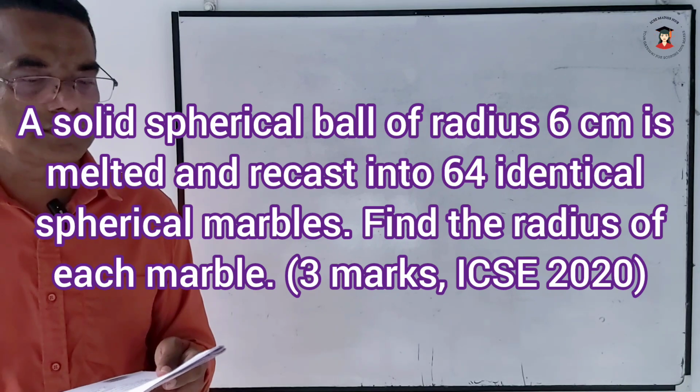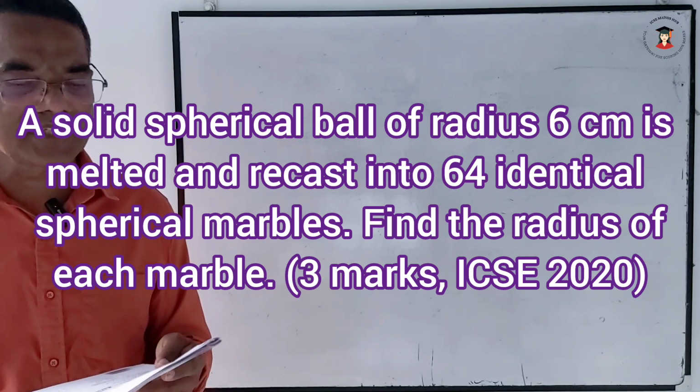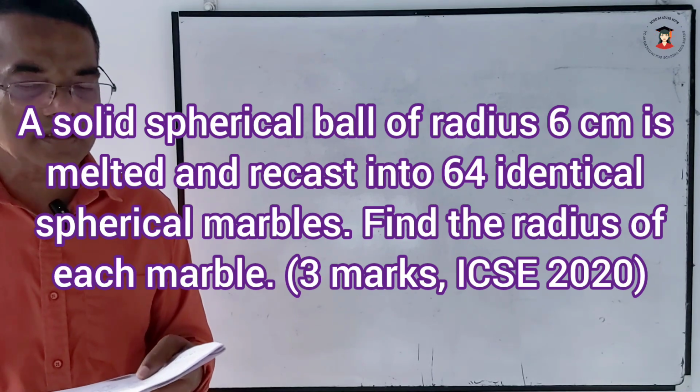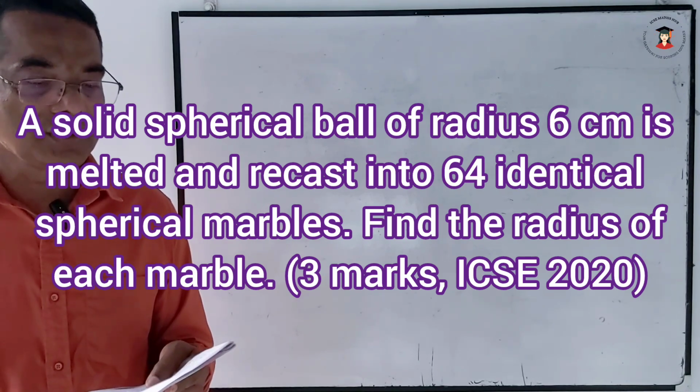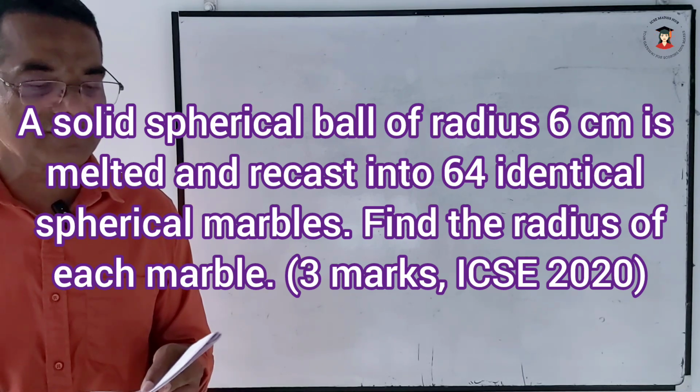Question number 12. A solid spherical ball of radius 6 cm is melted and recast into 64 identical spherical marbles. Find the radius of each marble.